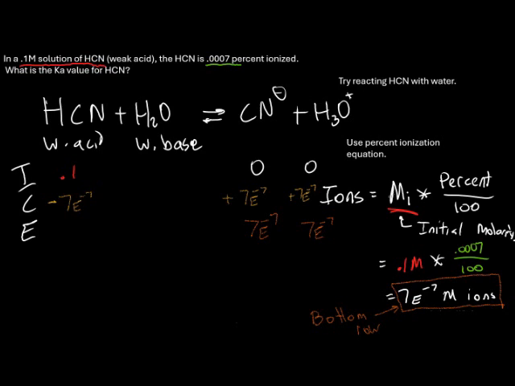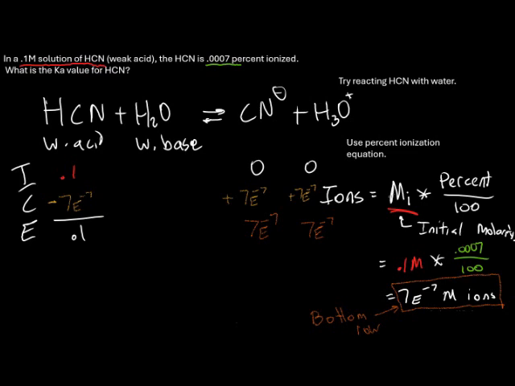However, this change compared to 0.1 is very, very small, which means at equilibrium, we still effectively have 0.1. If you want to put this into a calculator and prove it to yourself, you can. What you'll find is that you'll get almost exactly 0.1 for your answer, and so I'm just going to write 0.1 for our final molarity of HCN.